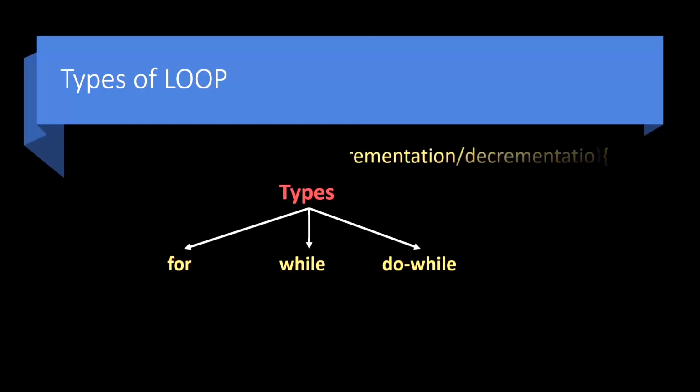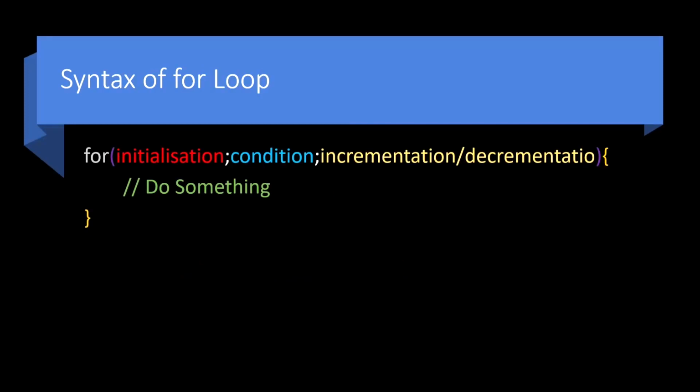Okay, now this is the syntax of our for loop. First we provide the for keyword. This is a reserved keyword. Then just understand this. We initialize some variable, for example int a or int b, something like that. After that we provide a condition like a is less than 10 or greater than or equal to.